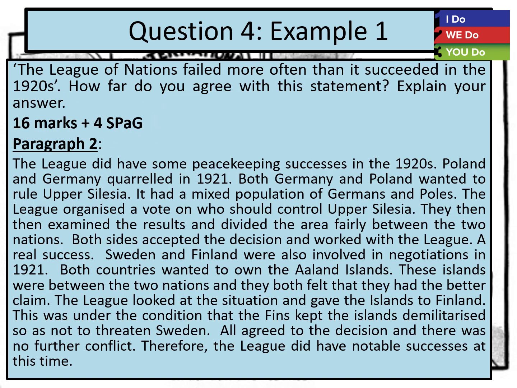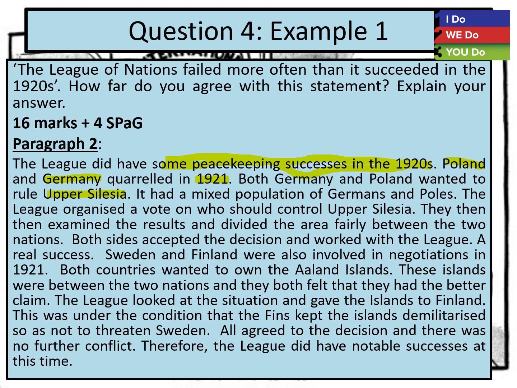Okay, so here's our model paragraph this time. They did have some peacekeeping successes in the 1920s. So again, making it clear that we've understood what the question's about. Poland and Germany quarrelled in 1921. So again, we're using the year, we're being specific, we're showing that we know which countries are having an argument. Both Germany and Poland wanted to rule Upper Silesia.